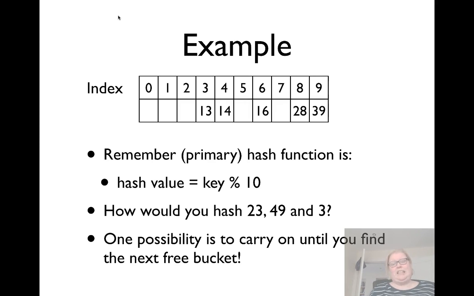So actually we'd end up putting 23 at index 5. Okay, 49, we do modulus 10 to get our hash value, and that is 9. We see that 9 is used. There isn't a next value in this case, so we loop round and 49 goes in 0.